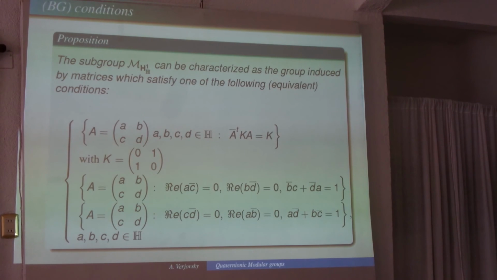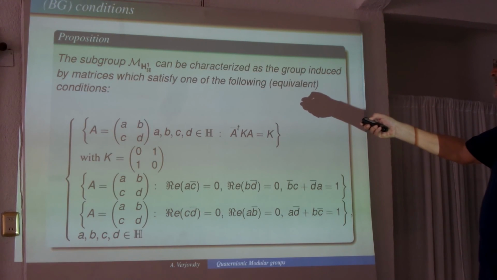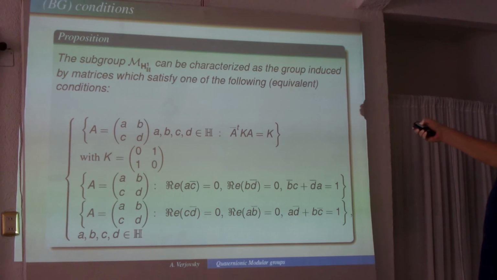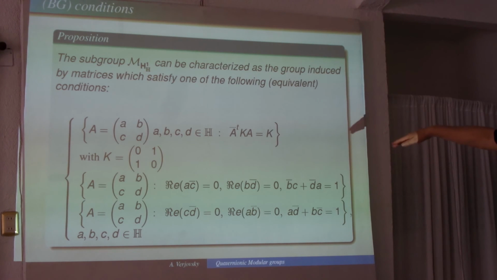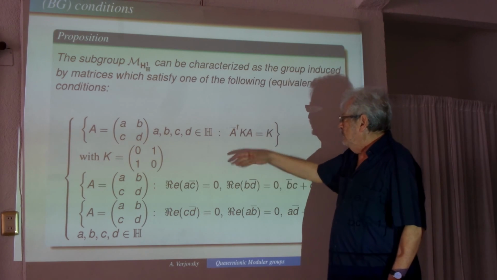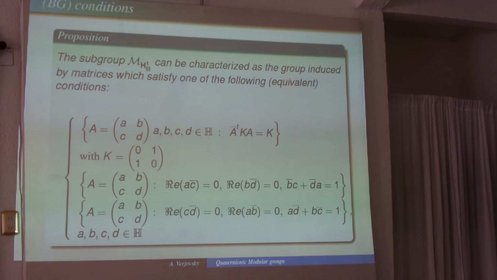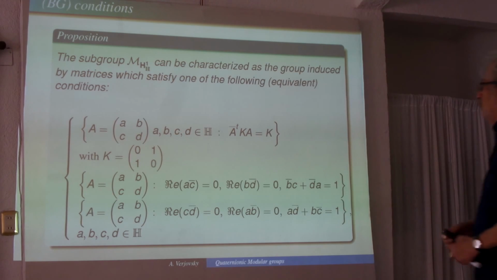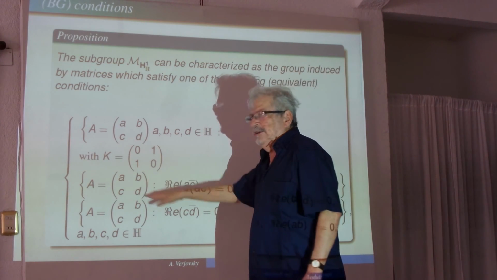So the proposition is this: the group of Moebius transformations which preserve the upper half plane is characterized by these three equivalent conditions. Besides the property I mentioned, if you sort things around, there are conditions on the coefficients: the real part of the product of that with that is 0, etc. You can read it there.